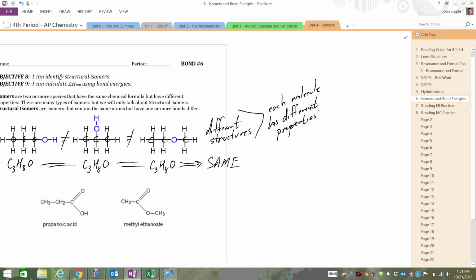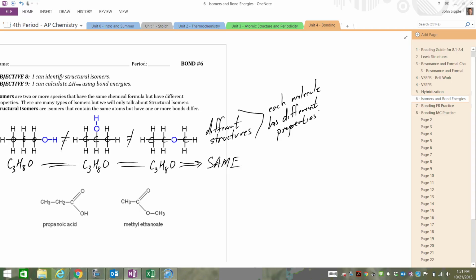If you think about intermolecular forces, each one of these molecules is polar. They're asymmetrical, so they can have dipole-dipole interactions with one another.